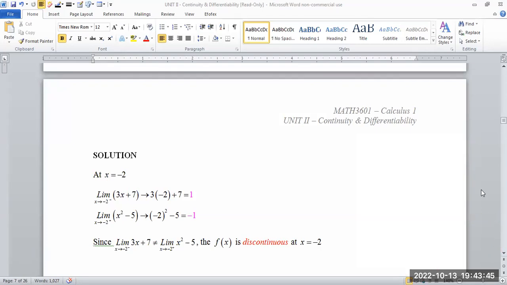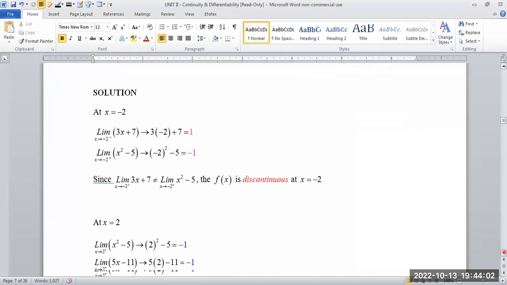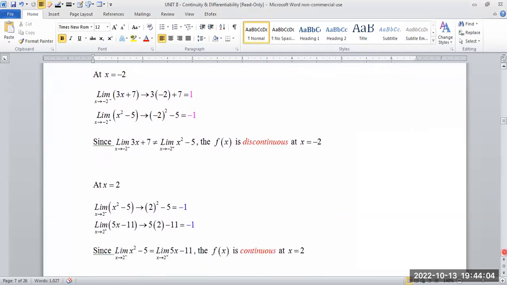What was it for positive 2? Sir, for the positive 2, I got -1 and -1. So it was continuous. Very good.